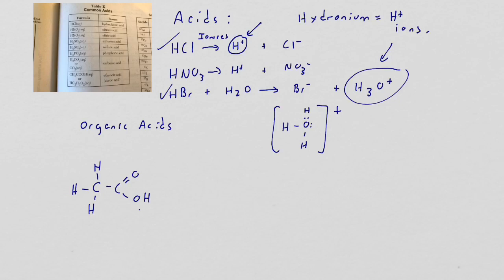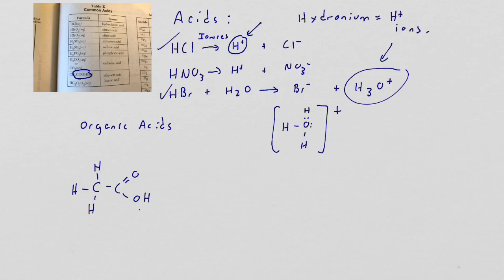Now, there's another group of acids that looks a little bit different, okay? And I'm going to circle it in Table K. These are called organic acids, and ethanoic acid is one example. See this COOH here? Now, this is the weird thing. Organic acids will have lots of H's, but there's only one H that's ionizable.